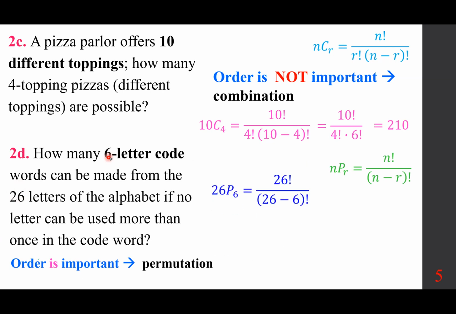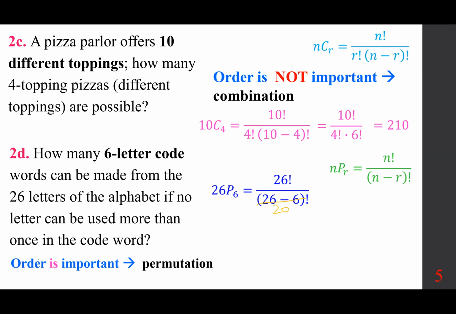We put it into the permutation formula, 26 factorial over 26 minus 6 factorial, and that becomes 20 factorial. And as I said, you can write the top as 26 all the way times 21 and then 20 factorial.